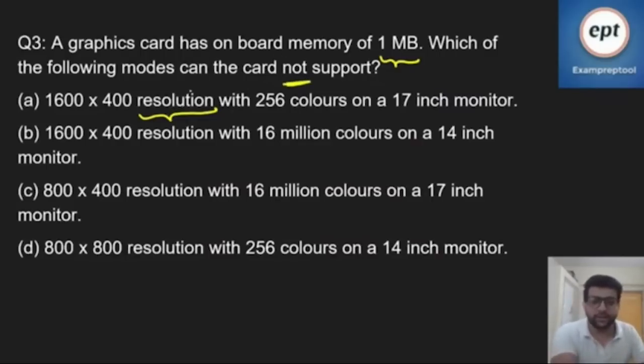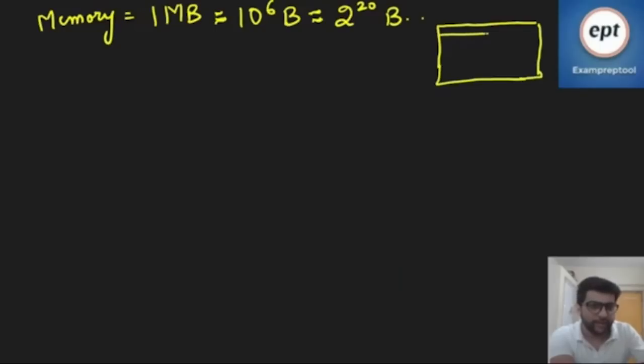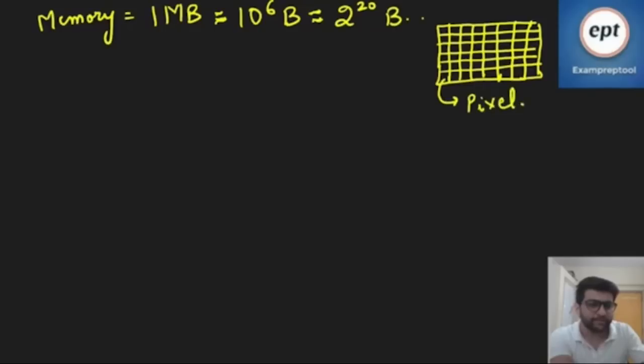Let me tell you what resolution is. Let's say we have a computer screen, and this screen we can say is divided into a grid, and every unit in this grid is known as a pixel.